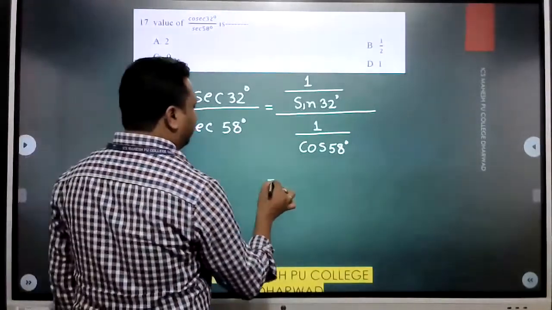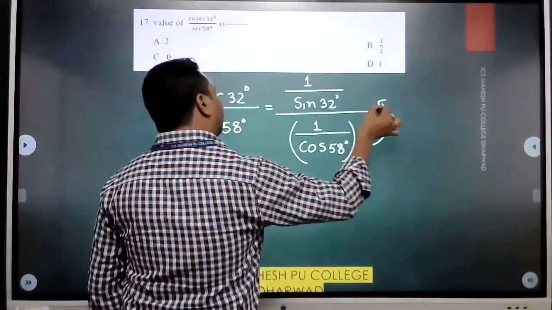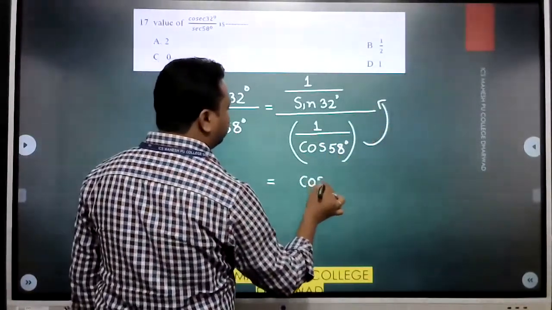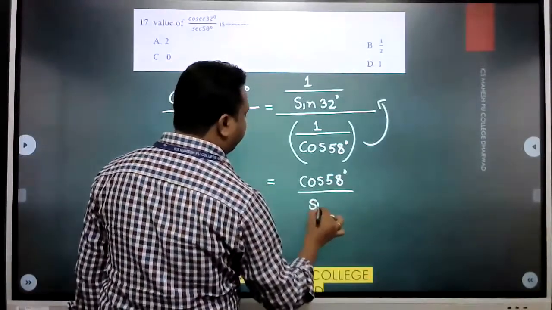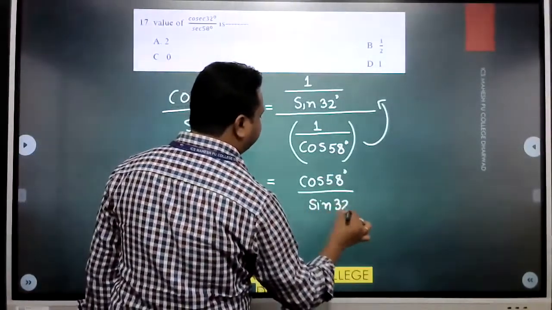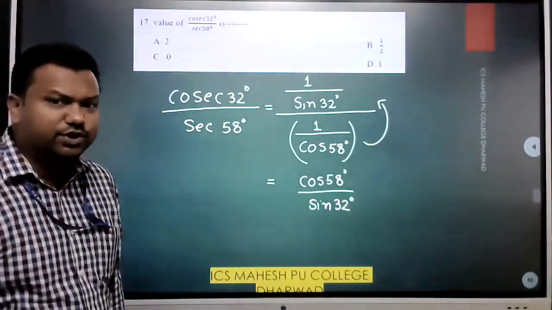Now, if you observe carefully, taking this whole term to the numerator, we get cos 58 degree divided by sine 32 degree. Again, we have a magic. What is the magic? I told you, right?